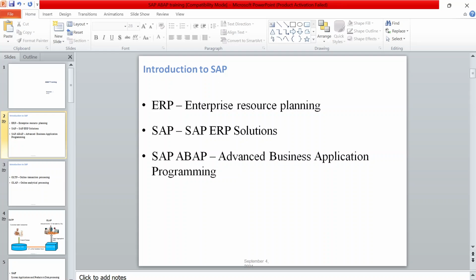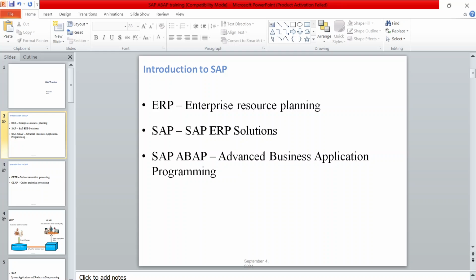What is ERP? How many of you know ERP? Enterprise resource planning. Yeah, whoever studied some computer science or any graduation in computer science related subjects, you might have come across the ERP concept in some subject, right?